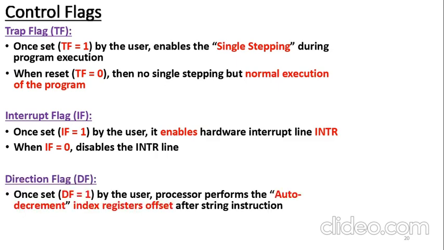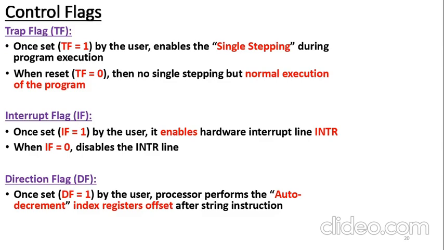Then next is the direction flag, DF. Whenever the direction flag is set to 1 by the user, then the processor performs auto decrement of the index register offsets after string operations.